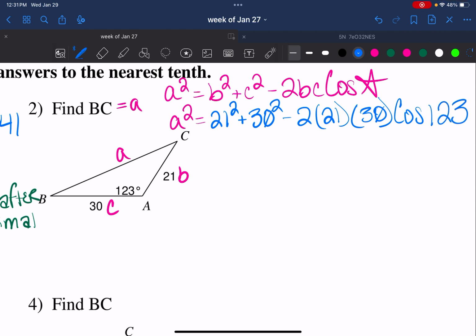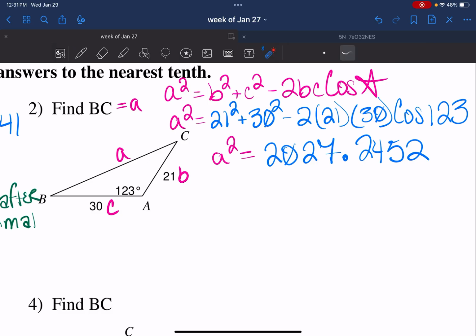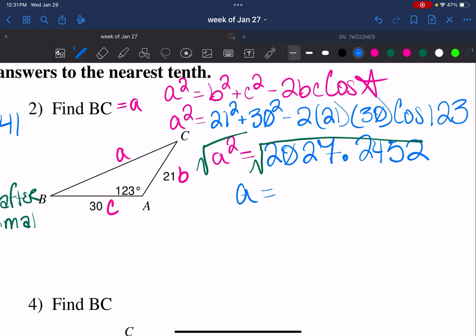We'll put that in the calculator and get A squared equals 2070.2452. Again, this is giving me A squared, and we only want A, so we're square rooting both sides to get my answer that A is going to be rounded to 45.0.